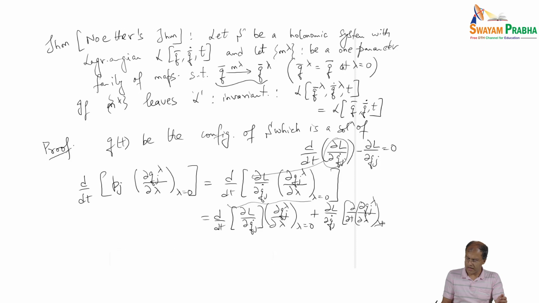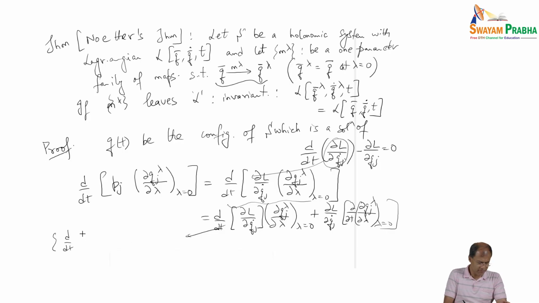So this is all at lambda equal to 0, by the way. Now we see that I think this expression is fairly clear from the chain rule, because let me expand this to see why we get it.